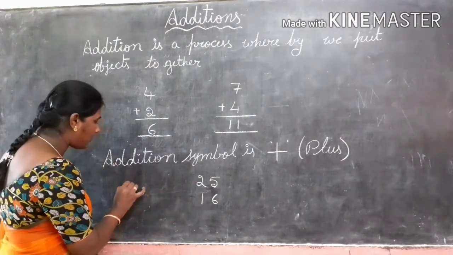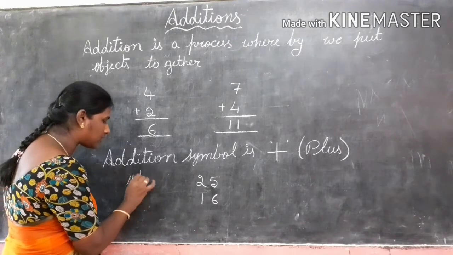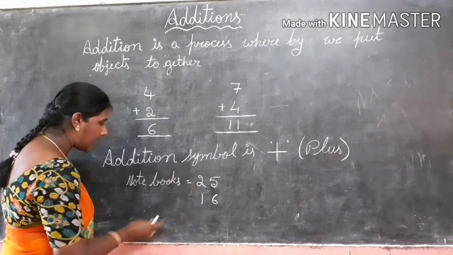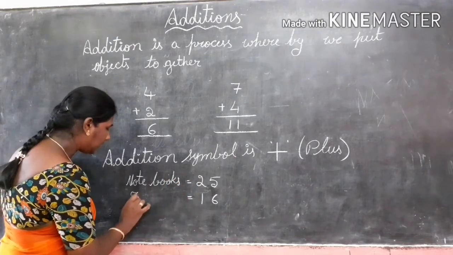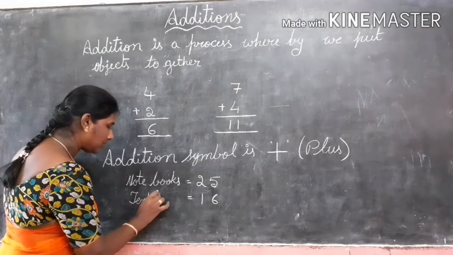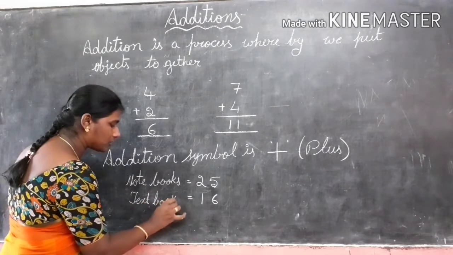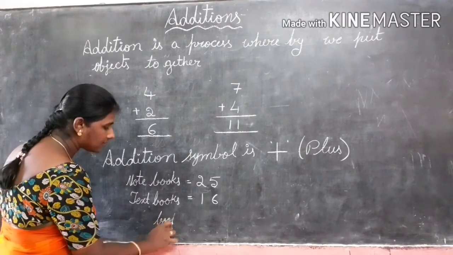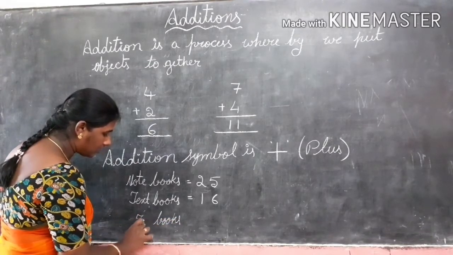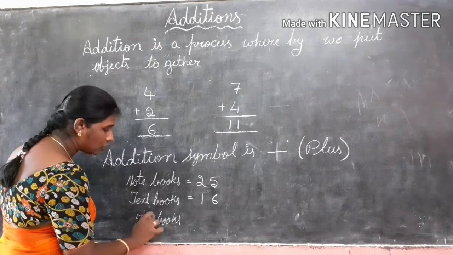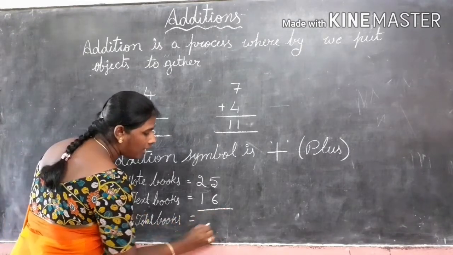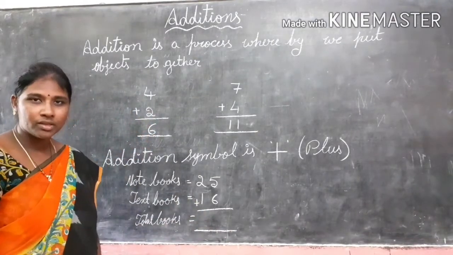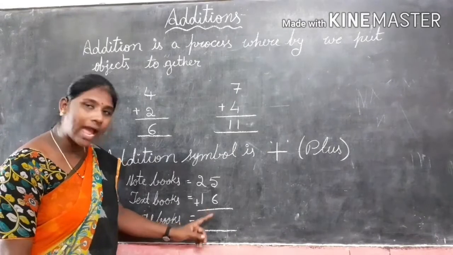These 25 are notebooks, and these 16 are textbooks. Total how many books are there? Total means what we have to do? We have to do the addition. Shall we add now?